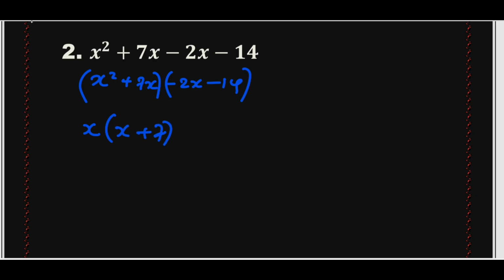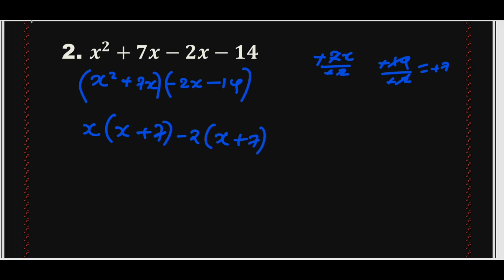Then what is common in the next bracket? What is common is negative 2. So negative 2 is common into, we're talking about negative 2x divided by negative 2. Negative and negative go, so that you remain with x. And then negative 14 divided by negative 2, negative and negative, so it now becomes positive 7.